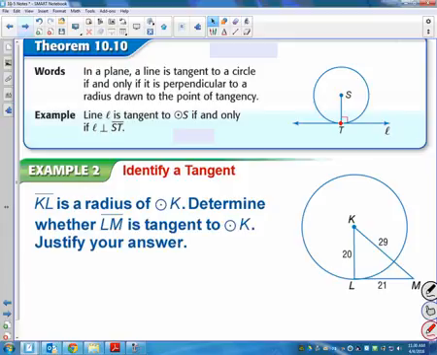But what we can do is use theorem 10.10 here and say, if it was tangent, we know this is a right triangle. So how can I prove that's a right triangle? Because if we're talking about length here, we can't measure a line that goes on forever, but we could imagine that this goes on forever.